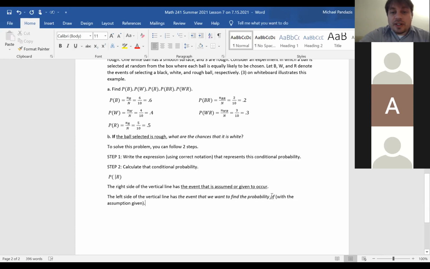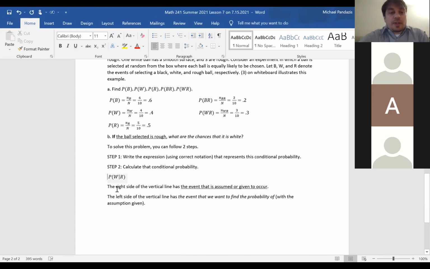The event we want to find the probability of is here because it says, what are the chances that it is white? Chances meaning probability. So W, you put on the left side because that's the event you want to find the probability of with that assumption. So W is the probability we want to find.